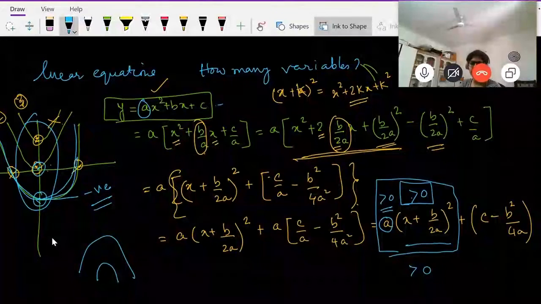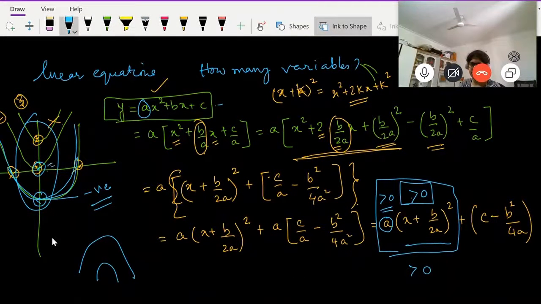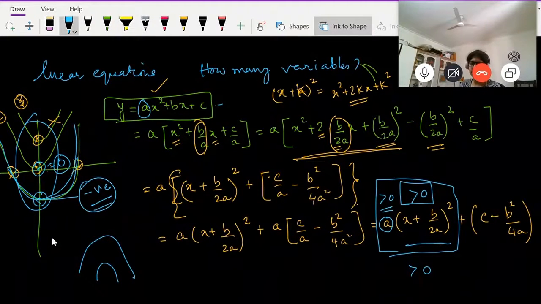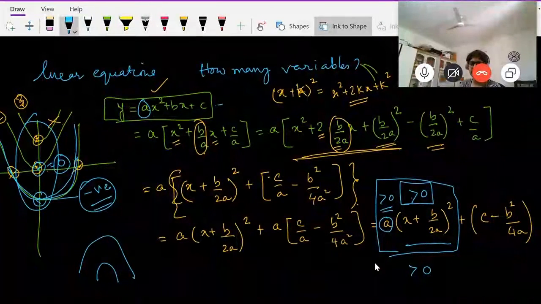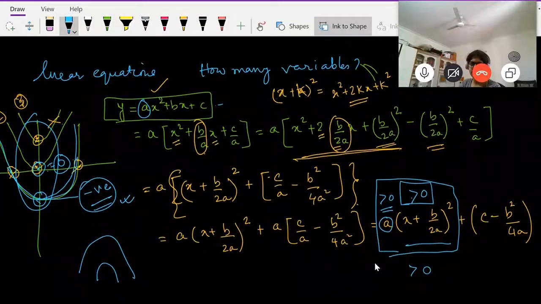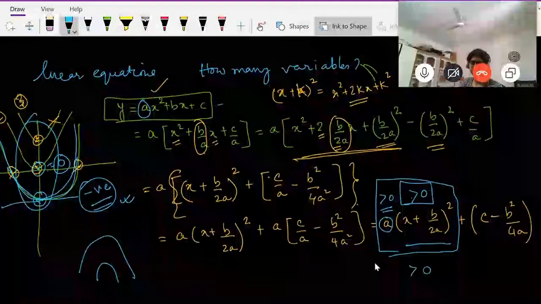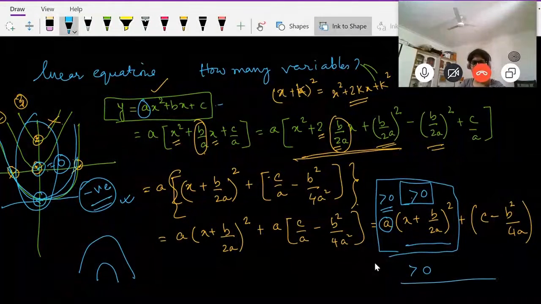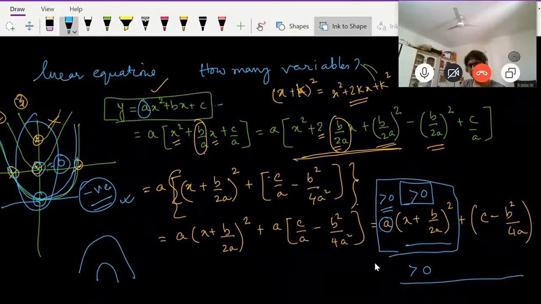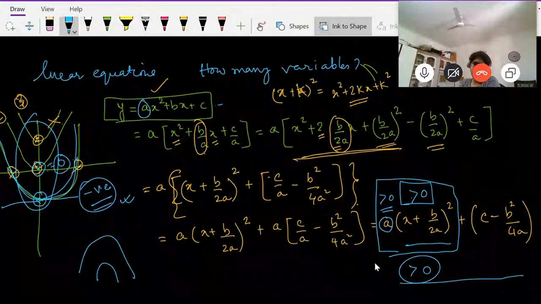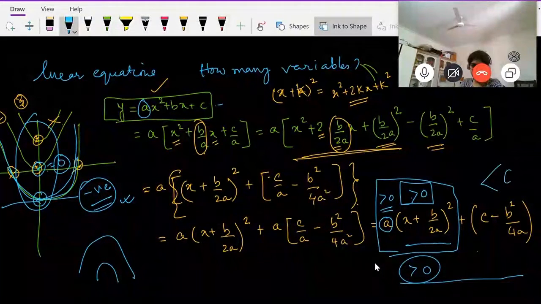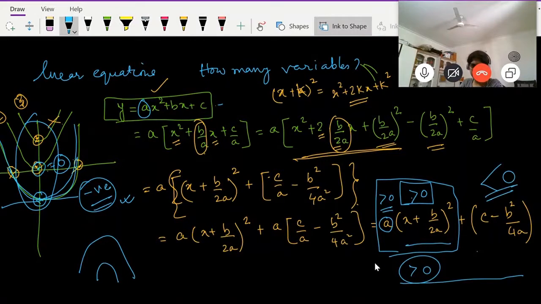And here the minimum of the curve will have to be 0, correct? Right? So let us take the first case first. If this point has to be negative, then this whole term has to be negative, right? But the first term will always be positive, so the second term has to be negative for this to have real roots.